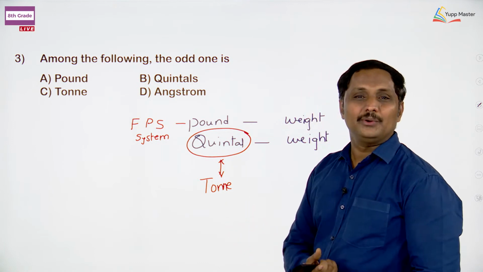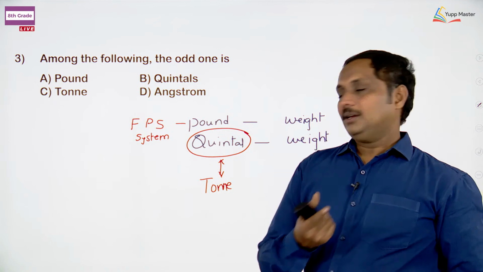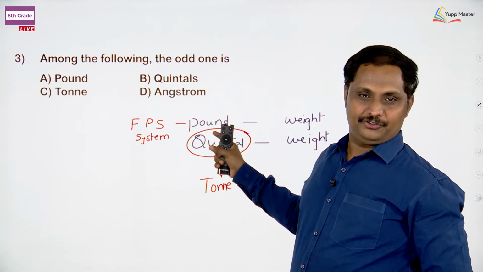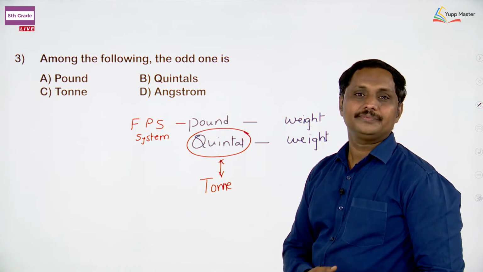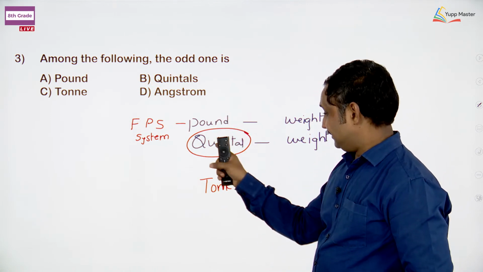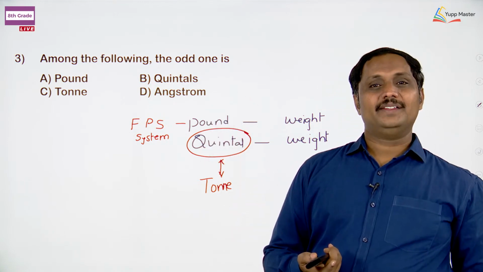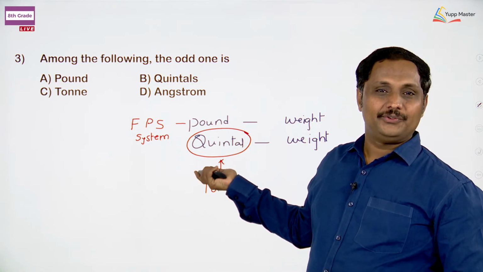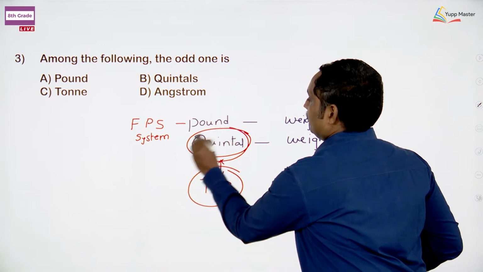If you take it, the magnitude is the same, whether you express it in one system or another system. Let us take ton and quintal. If you take 100 kgs, and if you take 1000 kgs, that is going to be expressed as 1000. It is very clear. Its value is going to be clear.